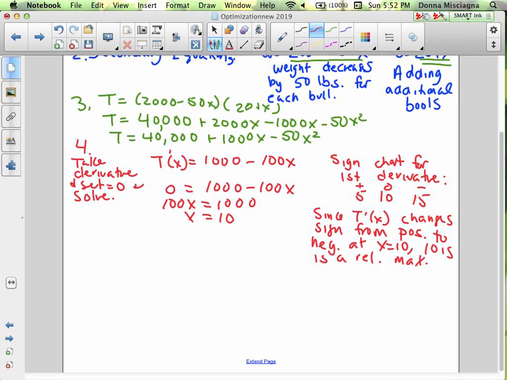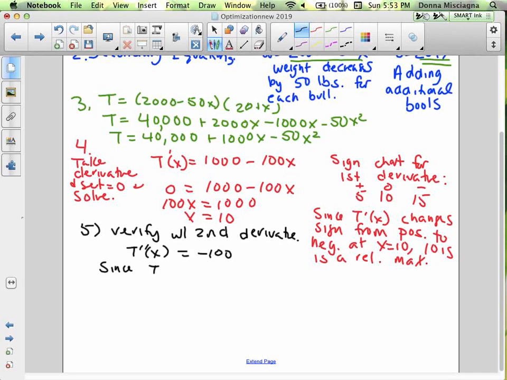Let's also take the second derivative to verify this. We have T double prime of x equals negative 100.